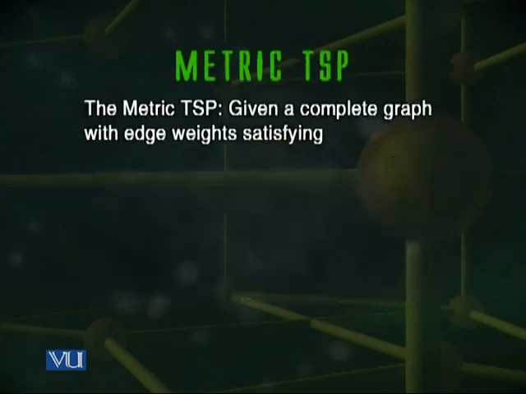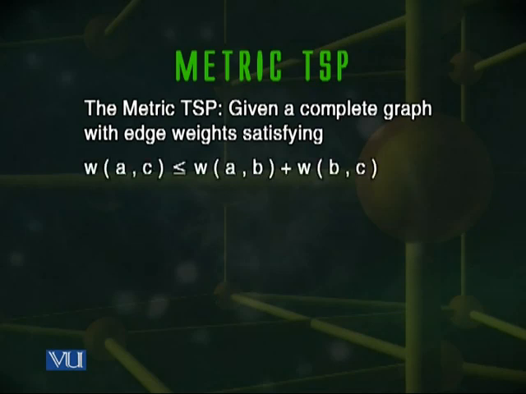In the metric TSP, the underlying graph is a complete graph, and the costs or the weights on the edges satisfy the triangular inequality. Let's review what the triangular inequality says.